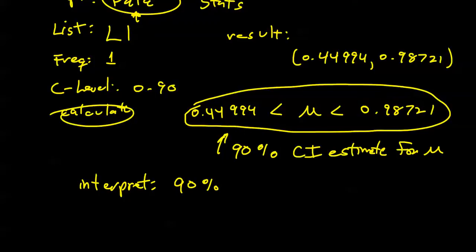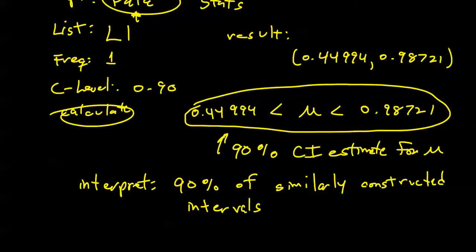Informally, I could say I can be 90% sure that my population mean is within this range. Perhaps more formally, I could say 90% of similarly constructed intervals or interval estimates will actually contain mu. Okay?